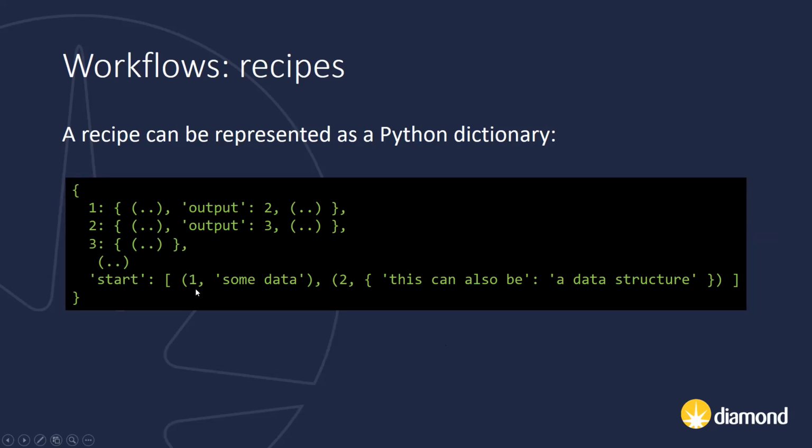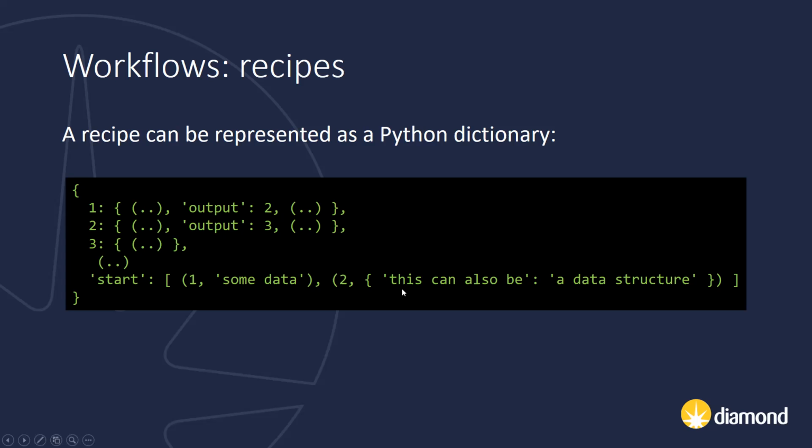So here this indicates that the first step of the recipe will be sent this string, some data, and then it will generate output that will then be sent to step 2, and step 2 itself can generate output that will be sent to step 3, and step 3 doesn't generate any output, and so that's basically the end of that chain.